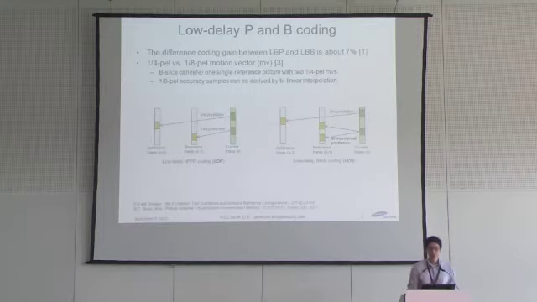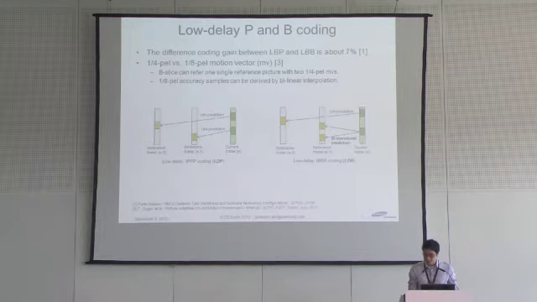HEVC supports generalized P and B coding, allowing bi-prediction in low delay coding. Low delay B coding is better than low delay P coding by about 7%.